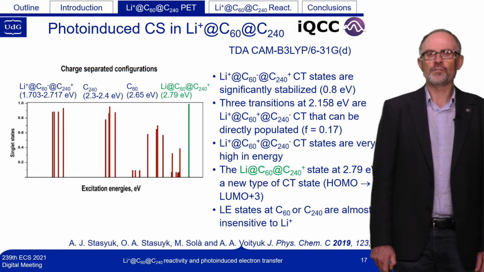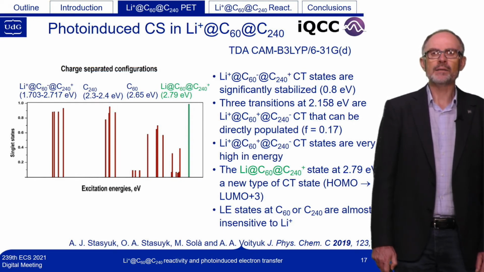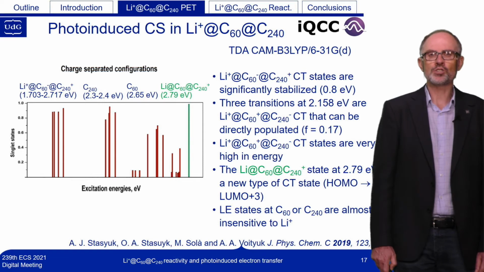Moreover, 3 of these states at 2.2 electron volts can be directly populated because they have an oscillator strength of 0.17.